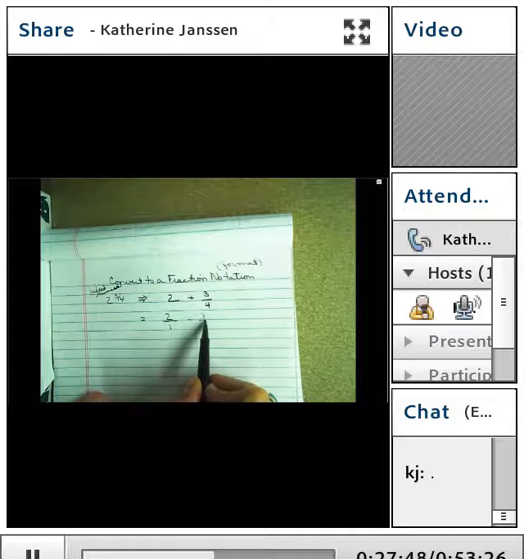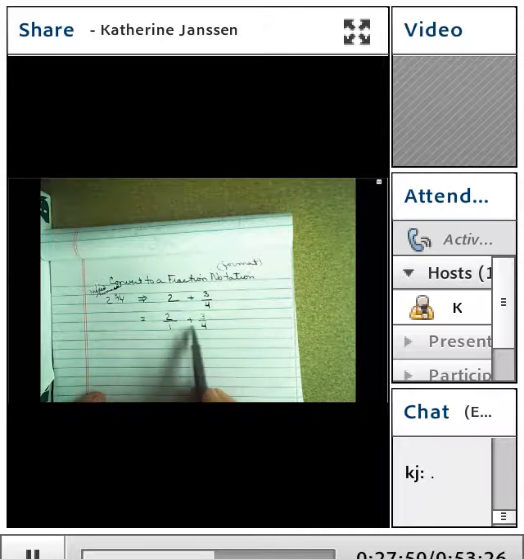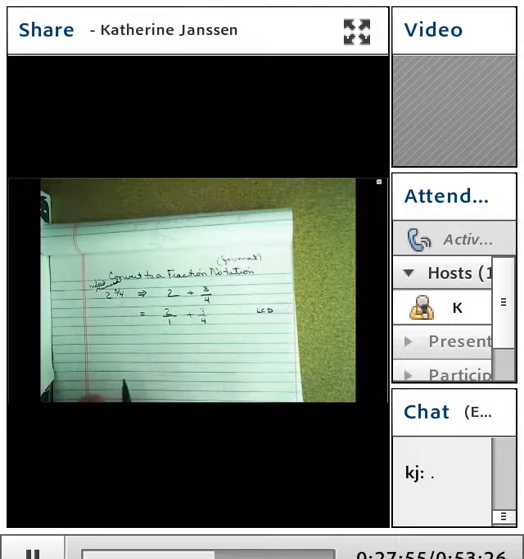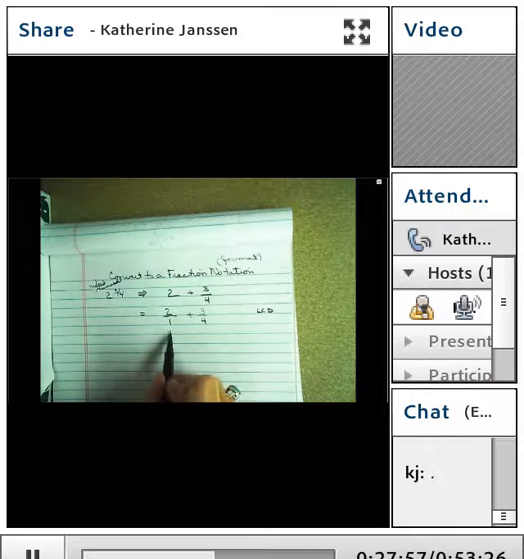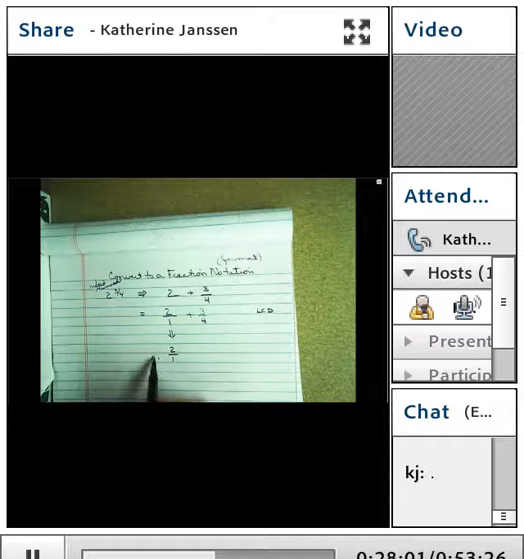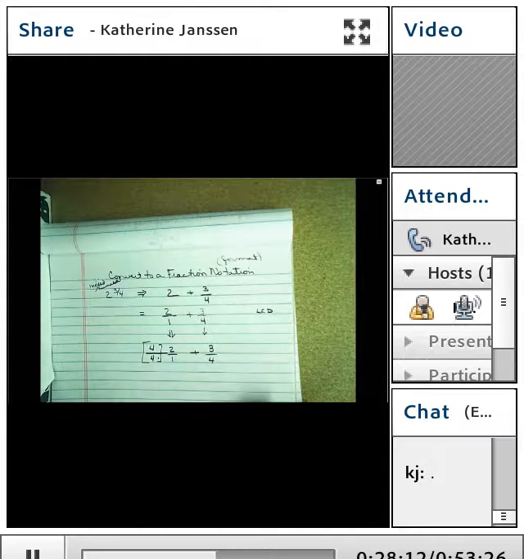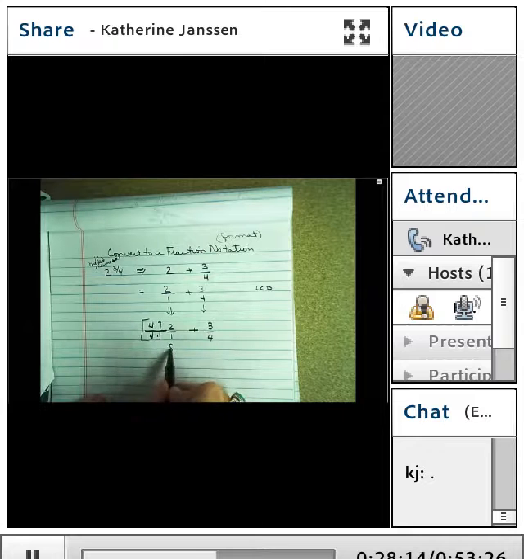And I remember then that to add, I need a common denominator. So I want to make 2 into fourths. 2 over 1, I'm going to multiply by 4 in the denominator to get my common denominator. I'll have to multiply by 4 in the numerator. Plus, and 3/4 is already in fourths. 4 times 2 is 8. 4 times 1 is 4, plus 3 over 4.